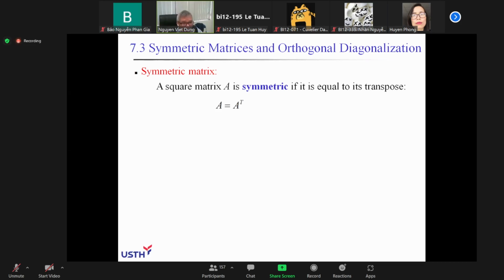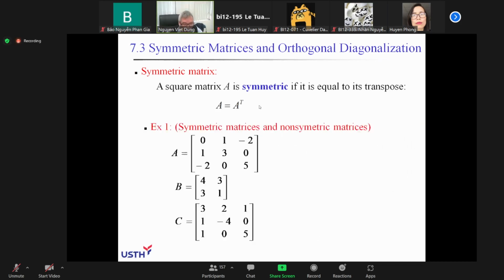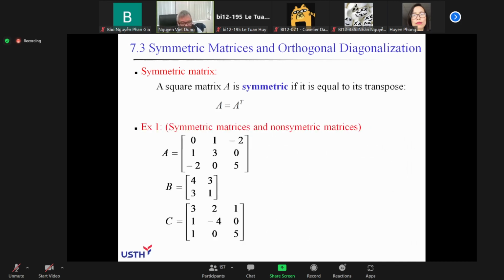A square matrix A will be called symmetric if it equals its transpose, meaning A equals A transpose. Here are some examples: A to be that, B to be that, and C to be that. Then you can verify which one is symmetric and which one is not.